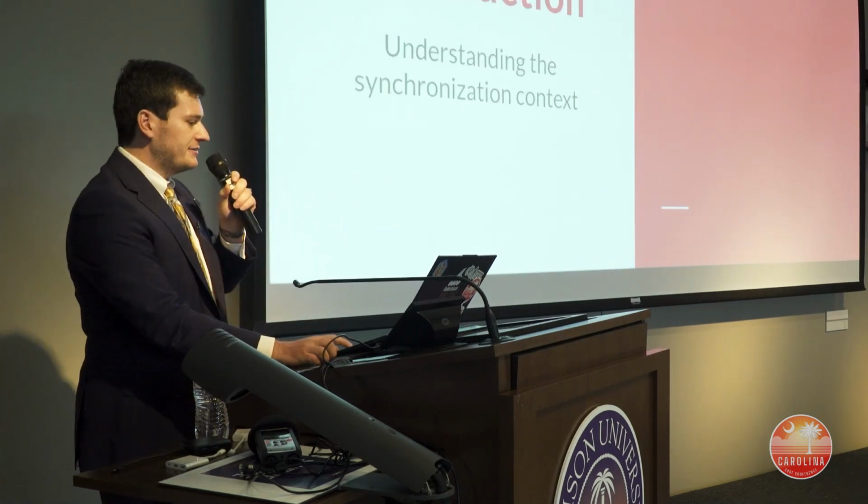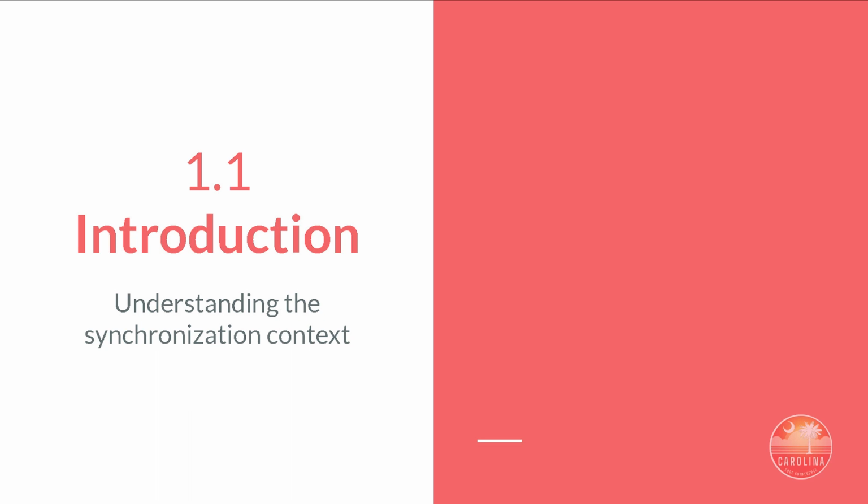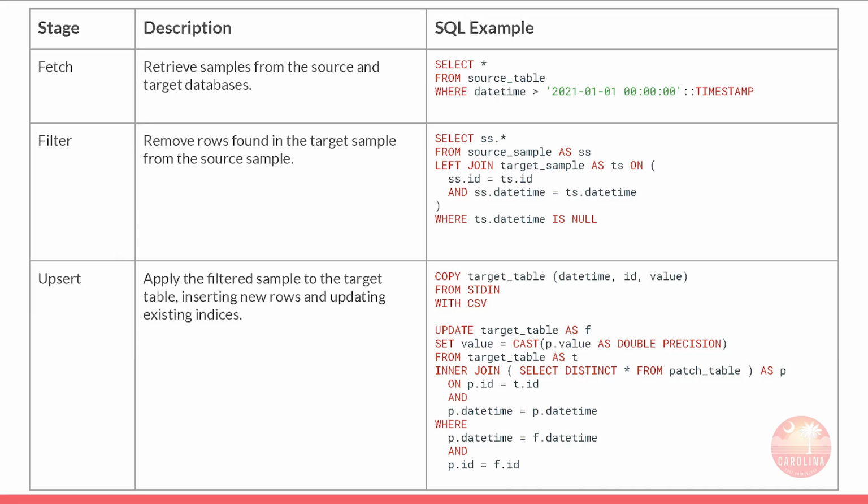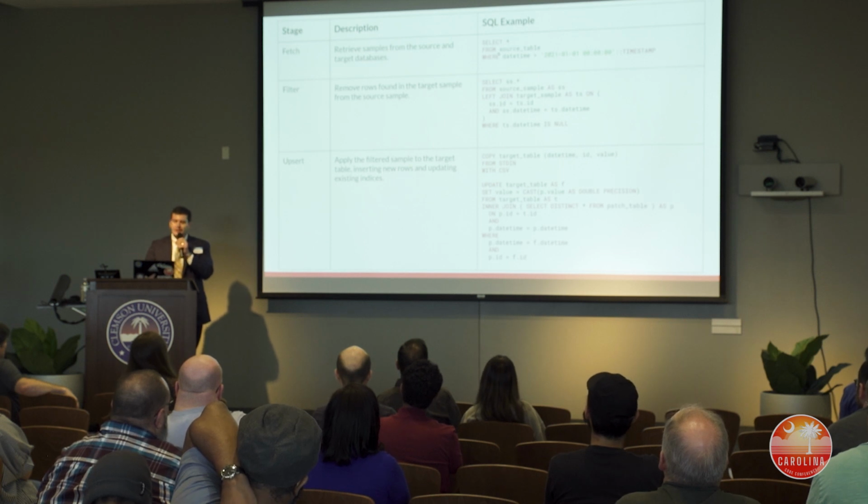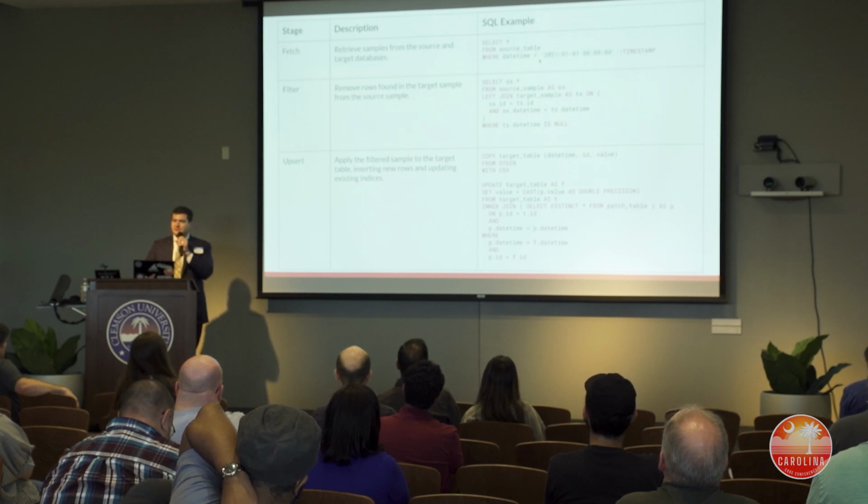So first, what even is time series incremental ETL? Well, ETL is extract, transform, load. Fetch, filter, upsert is just a novel spin on the concept. At the most fundamental level, the three stages are data retrieval. So I represent everything as SQL, but this could be as simple as an API call, where you get all data newer than some timestamp.